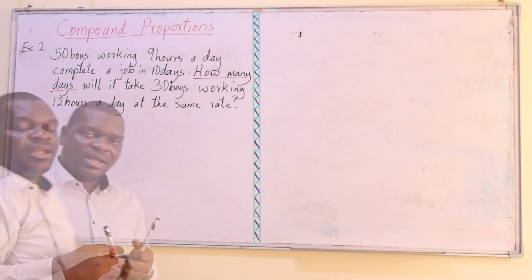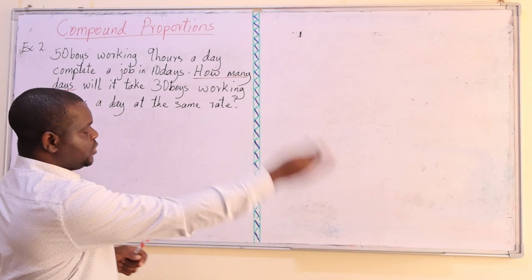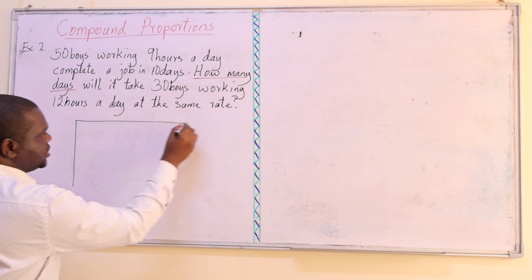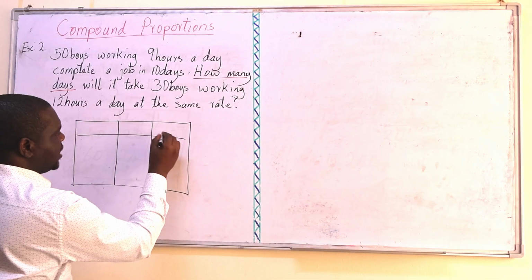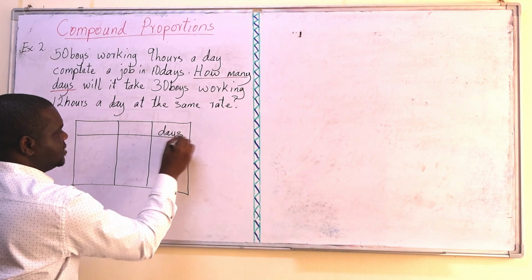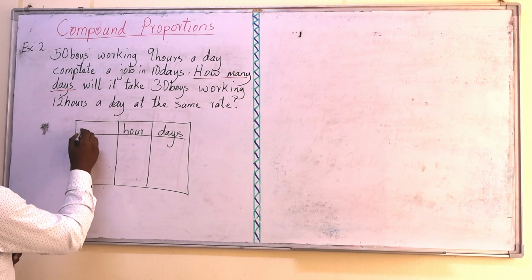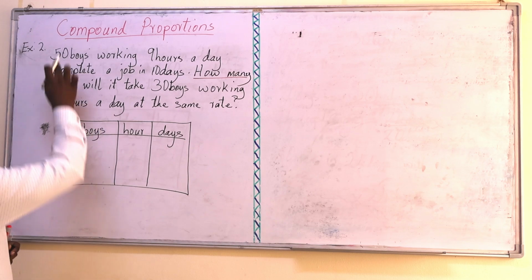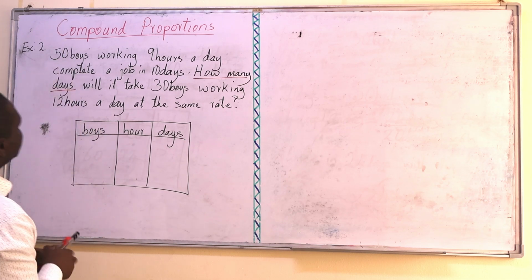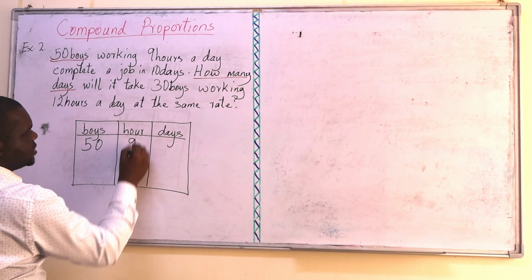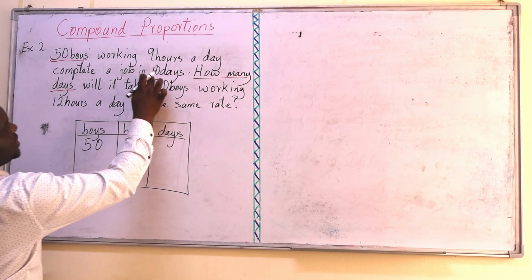So we are calculating for the number of days, and so it will go to the last column on the right. So we establish a table with 3 columns, and here we have days. Here we can put the time in hours, and here the number of boys. The first number of boys we have is 50. 50 boys working 9 hours complete the work in 10 days.